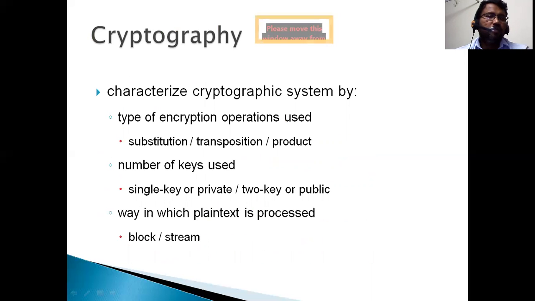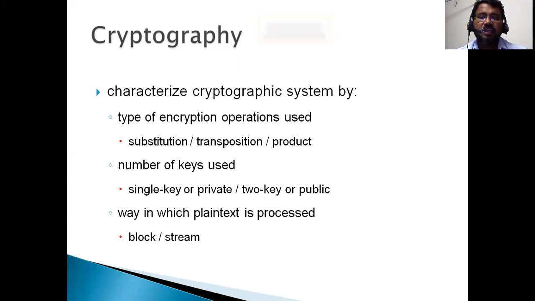Before performing this encryption cipher model, some requirements should be there. The first one is the type of characteristics. We can classify our secret key or private key cipher models into different types based upon their characteristics.